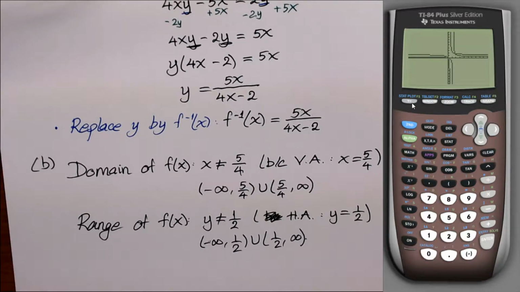As we see on the graph, the domain on the x values will be all real numbers except for where there is the vertical asymptote. We could see that the vertical asymptote is where x equals 5 over 4.